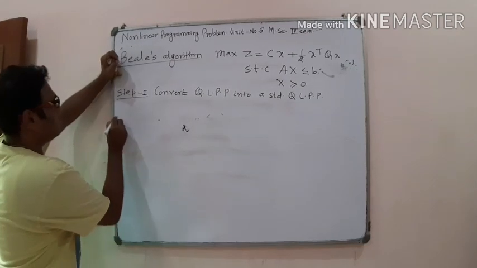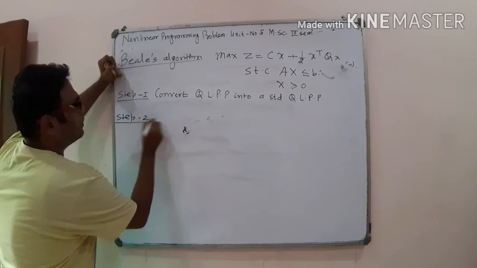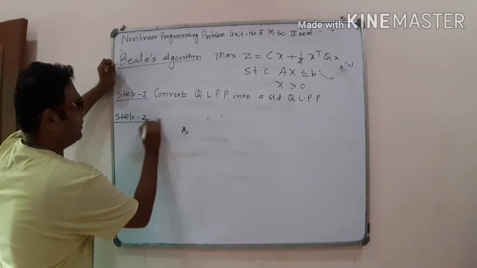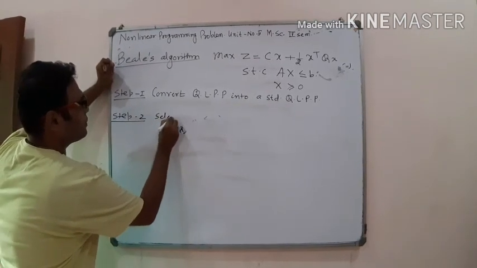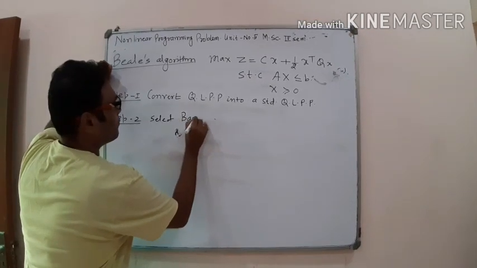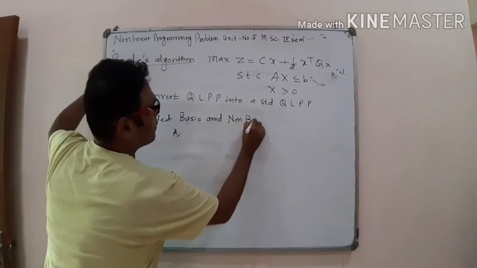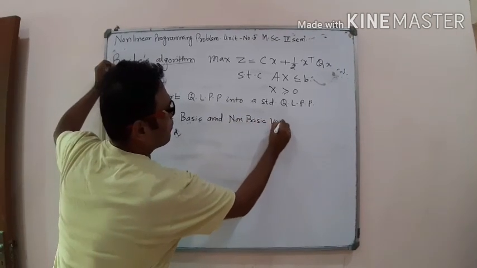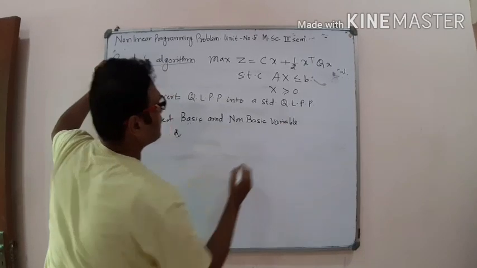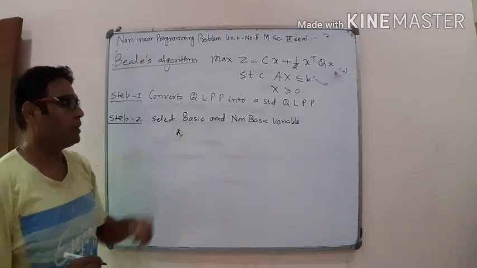Now the second step, step number 2, is to bifurcate or select basic and non-basic variables. Basic and non-basic variables, because this method is totally based on these two concepts, basic and non-basic variable.